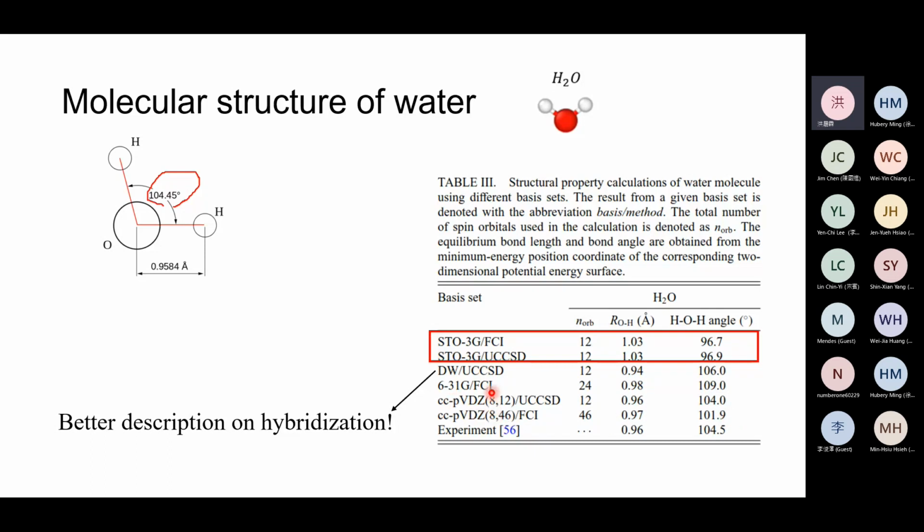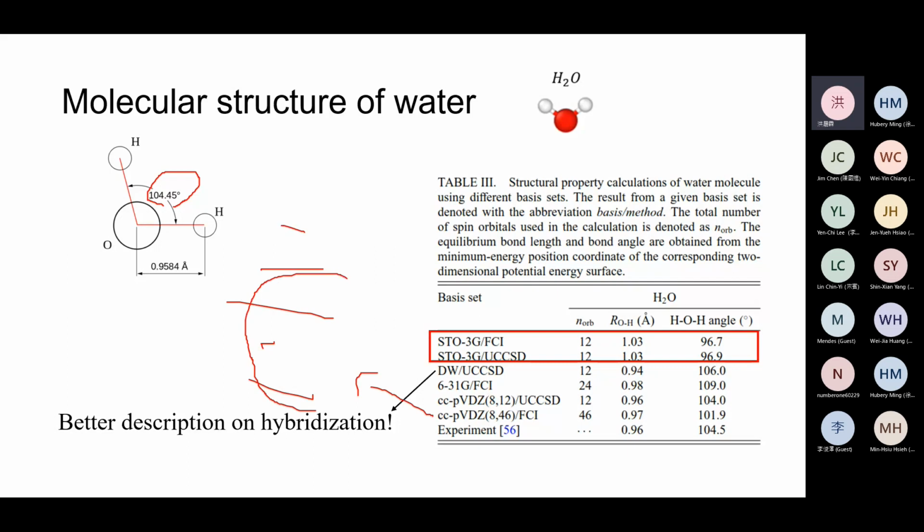Since these basis sets are almost the same, cc-pVDZ FCI is considered full configuration, and cc-pVDZ 812 is the limited active space.